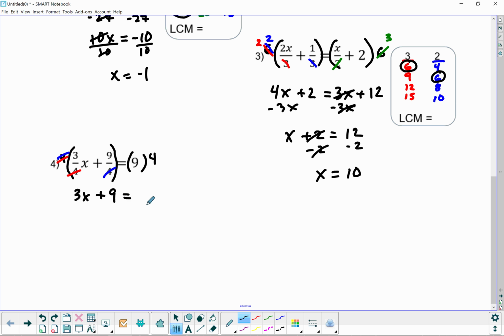On the right hand side, 9 times 4, if you don't know it, use a calculator, gives you 36. Subtract 9: 36 minus 9 is 27. So 3x equals 27, divided by 3, the 3's cancel out, and x is going to be 9.